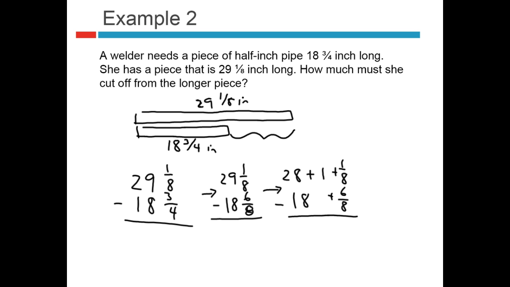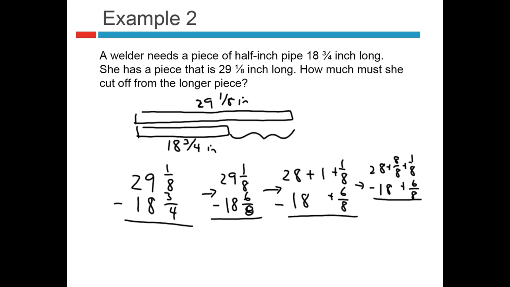Now, 1 can be rewritten as 8/8. And if we combine that 8/8 with our 1/8, we'll have 9/8. And that will allow us to subtract the 6/8.